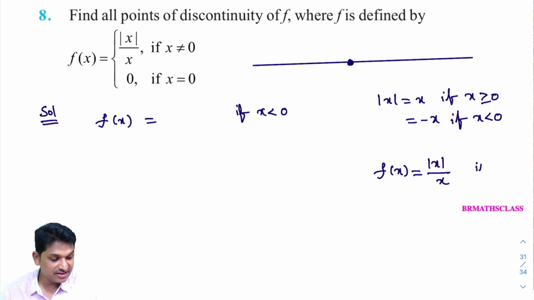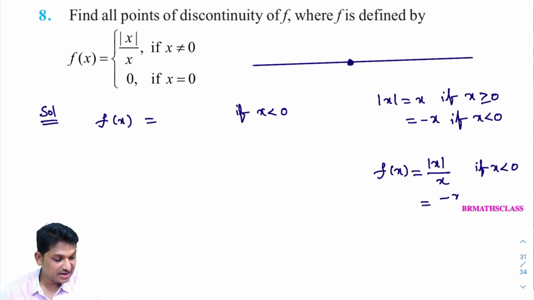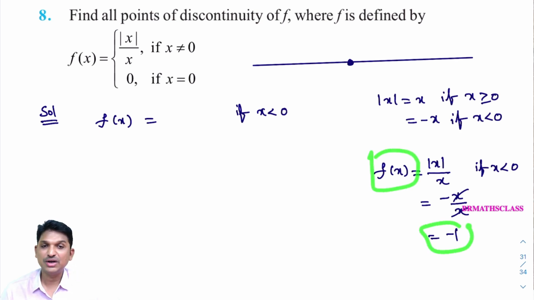Here, suppose x is less than 0. Modulus of x is minus x. Minus x divided by x. This x by x will get cancelled. What you will get? This is minus 1. So here f of x is minus 1.